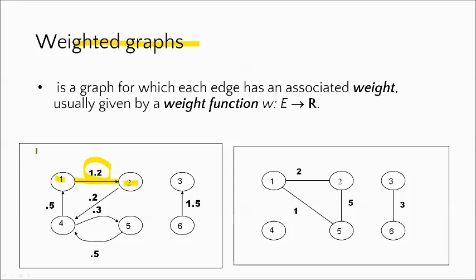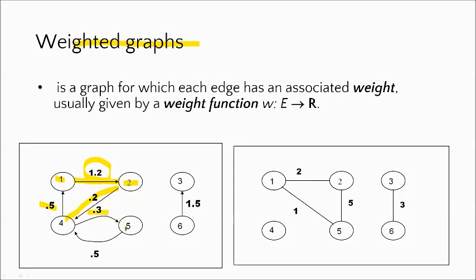So for example, from vertex 2 going to vertex 4, I have a weight of 0.2. From vertex 4 into vertex 1, I have a weight of 0.5. And then from vertex 4 into vertex 5, I have a weight of 0.3.